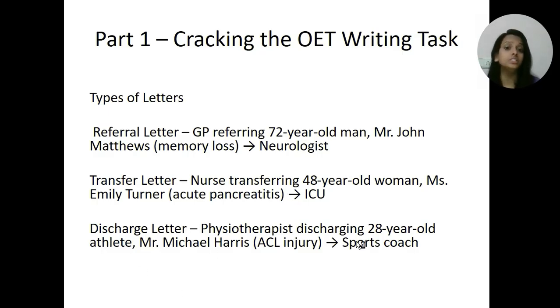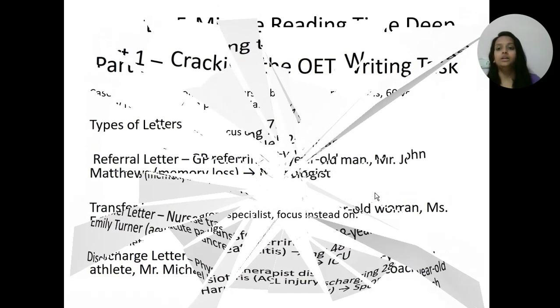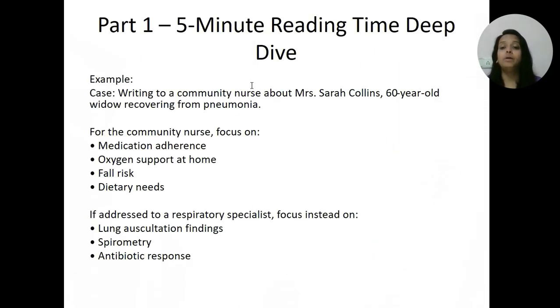A physiotherapist discharging a 28-year-old athlete, Mr. Michael Harris, with a healed ACL injury back to his sports coach with exercise advice. So this is a discharge letter. Simple, right? Let's deep dive into the 5-minute reading time.